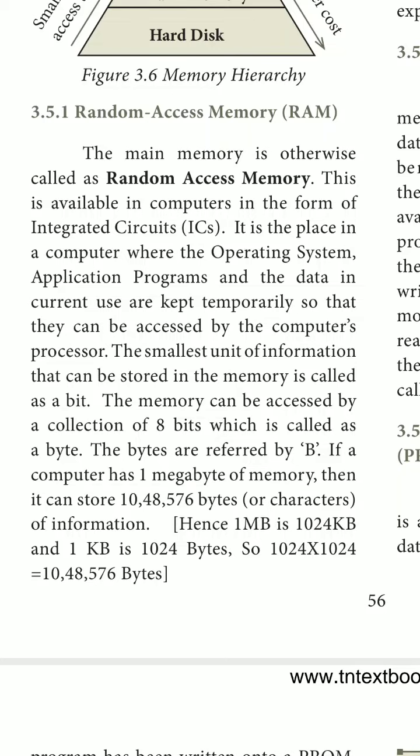The smallest unit of information that can be stored in computer memory is called a bit. The memory can be accessed by a collection of 8 bits, which is called a byte.